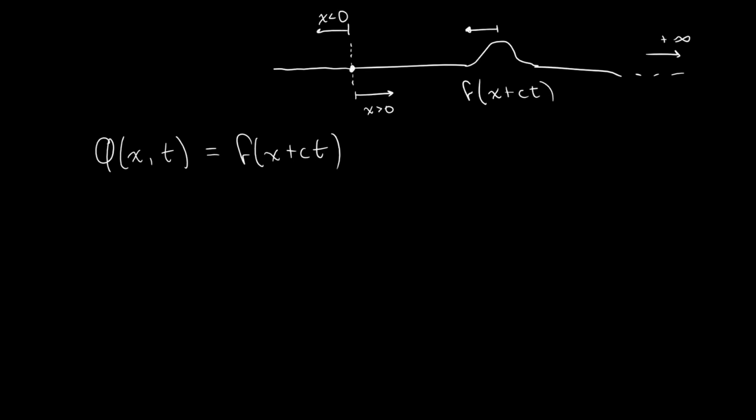One very easy way is to just say that whatever we choose for phi, and remember, now phi is going to be describing what's on the whole string, from negative infinity to positive infinity, we're just going to make this anti-symmetric, so that if I were to mirror everything, it flips.